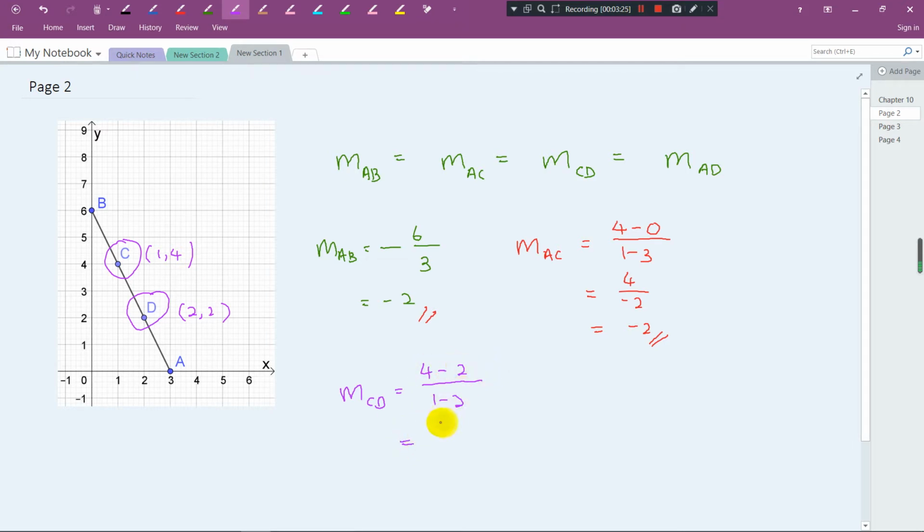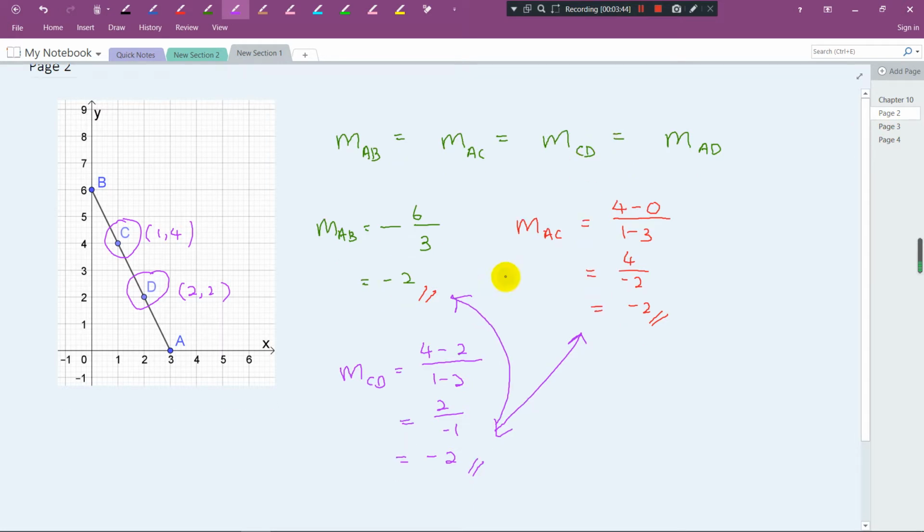So 4 minus 2 is 2, 1 minus 2 is negative 1. 2 divided by negative 1, you get negative 2. All give you the same gradient. Okay, so let's try the next part.